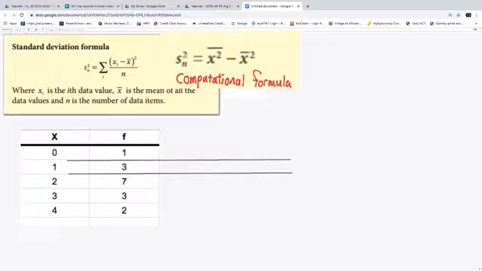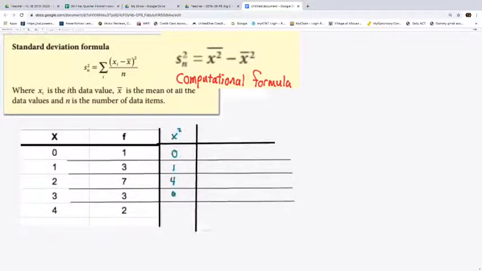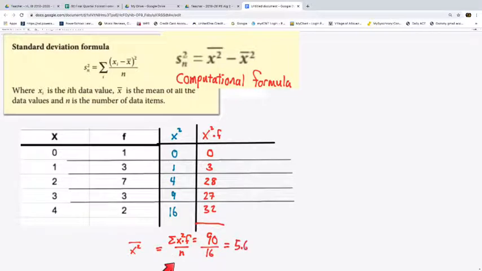It's a mouthful, but it's really easy to use, because what you do is you get your frequency distribution table, you square your outcomes, and then you multiply your squared outcomes times your frequency, and then we divide by 16, and that will be the average of the squares of x.